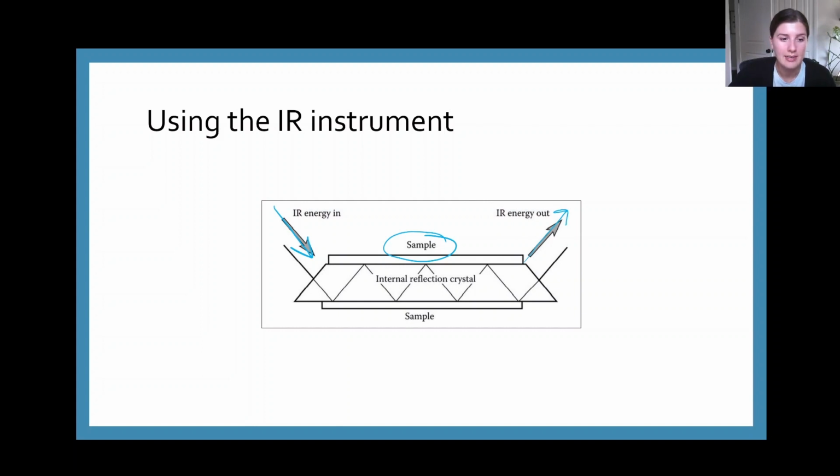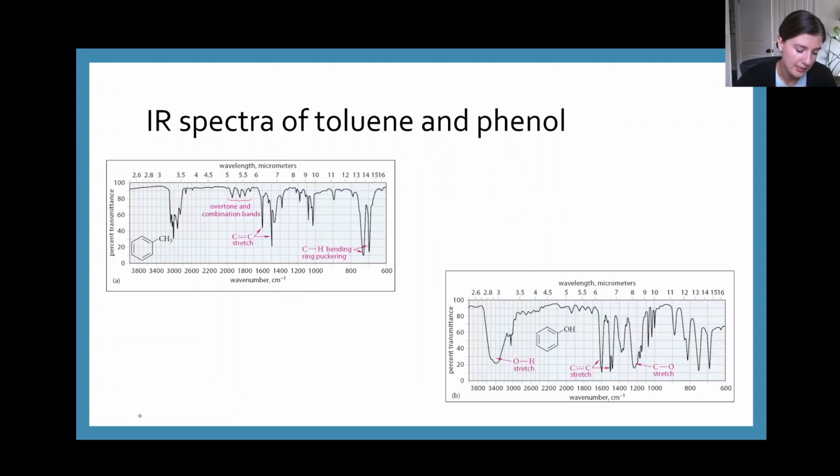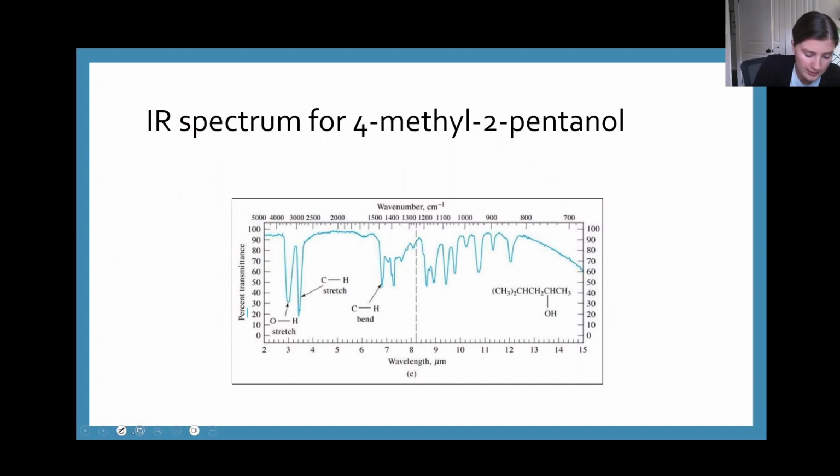And so when you look at an IR spectrum, I have one for a simple molecule, 4-methyl-2-pentanol, on this slide here. You see that the y-axis is percent transmittance.